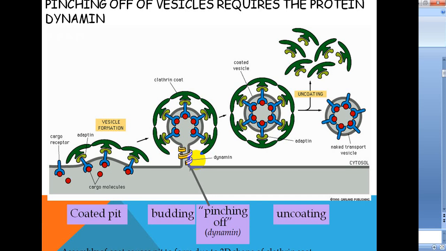The dynamin gets energy from GTP. So this is a GTP analog. Once this coated vesicle is pinched off from the plasma membrane, there is uncoating of the clathrin proteins and a naked transport vesicle is produced.